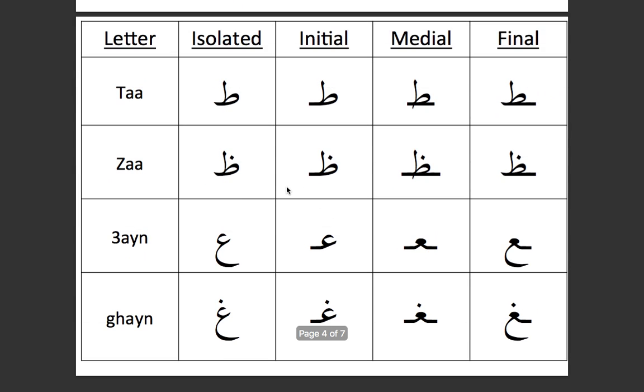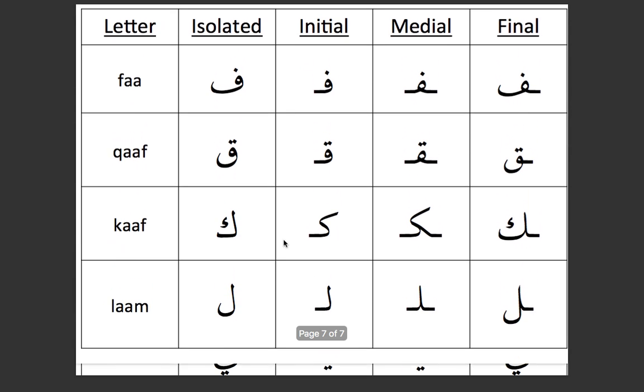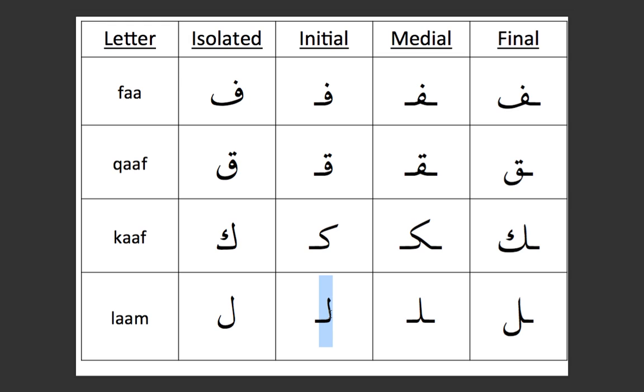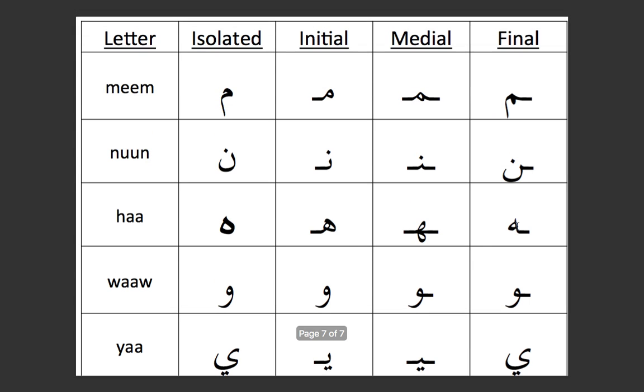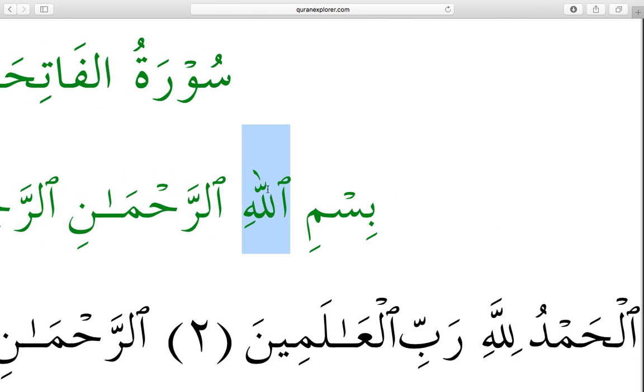This is the Lam in its initial form. This is the Lam in its medial form. And this is the Ha in its final form. So the word is Allah. So it consists of Alif, Lam, Lam, and Ha.